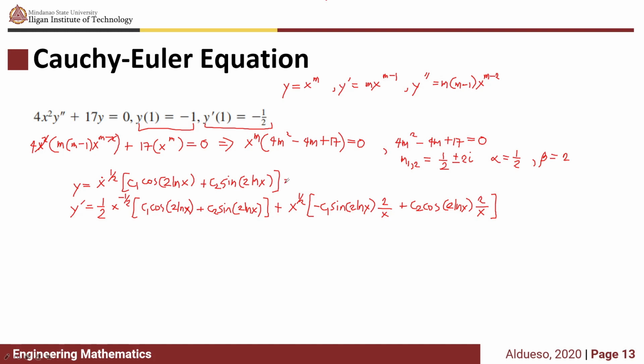Now for C1, when y of 1 is equal to negative 1, we have negative 1 equal to, so when x is 1, y is equal to negative 1, 1 to the power 1 half times C1 cosine of, so ln of 1 is just equal to 0, plus C2 sine of 0.